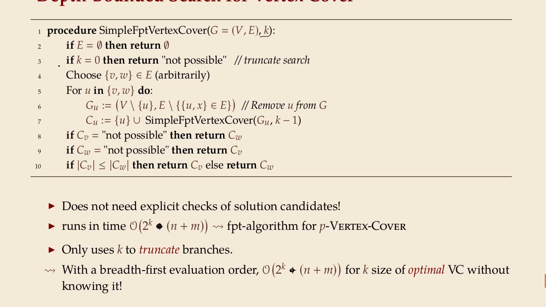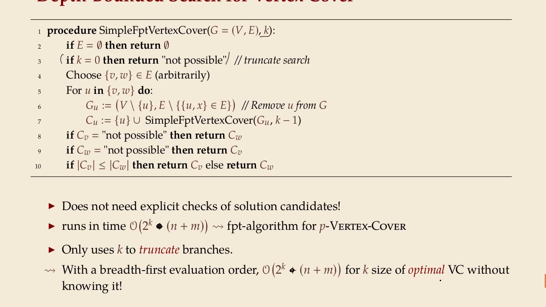And that means if we delete that line here, we essentially have an algorithm that solves the ordinary optimization version of vertex cover, but still offers such a runtime guarantee, where now k is actually the size of the optimal vertex cover. Of course, for any given instance, before it has finished, we don't know what the k is, so it's hard to prove any interesting guarantees for any instance you're given.